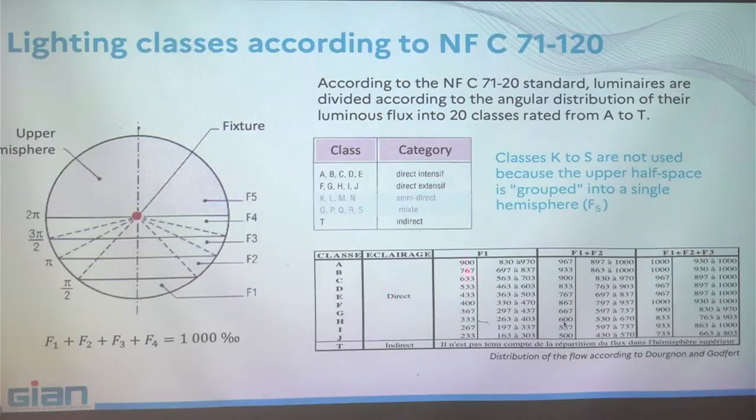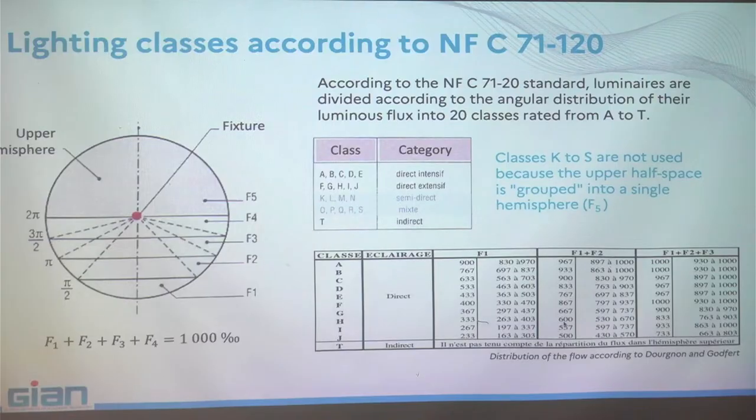You have 900 over 1,000 of the flux coming in the F1 cone. If you take class A, only 267 over 1,000 parts of the flux goes in that direction, and then you can find how much goes to the other directions in a cumulative way.